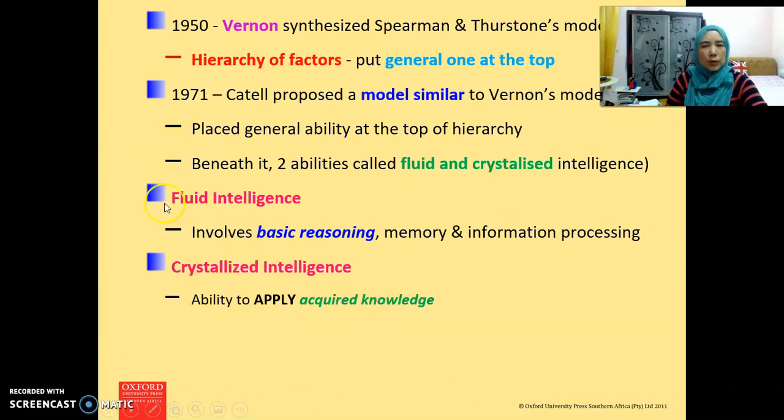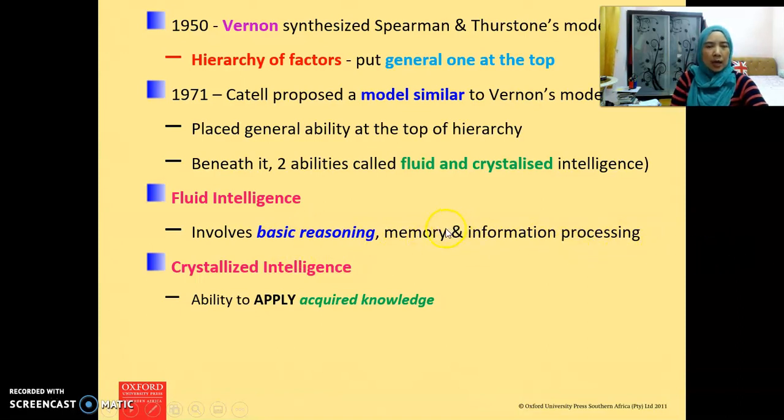So if we want to talk about the differences between fluid intelligence and crystallized intelligence, younger people are good at basic reasoning, memory, and information processing. However, older people have problems learning basic reasoning, memory, and information processing.